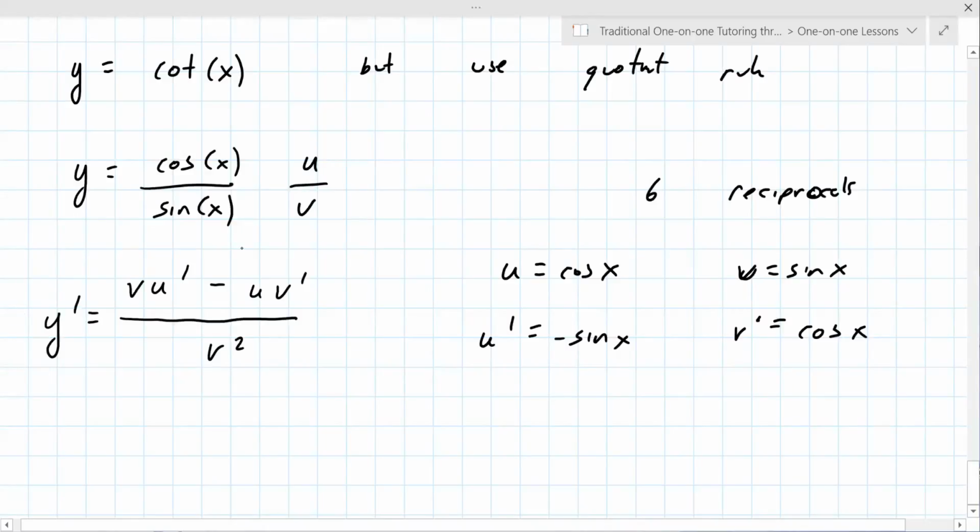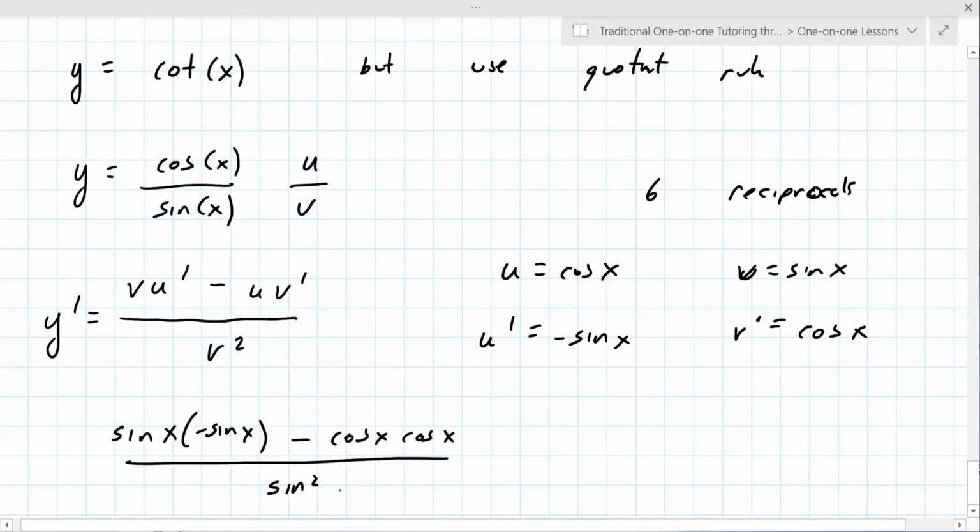That way it's there, constantly remembering it. So then it's sine x times negative sine x minus cosine x times cosine x, over sine squared x.